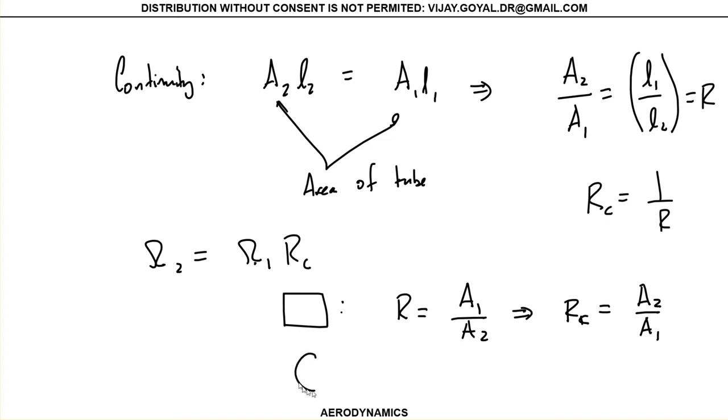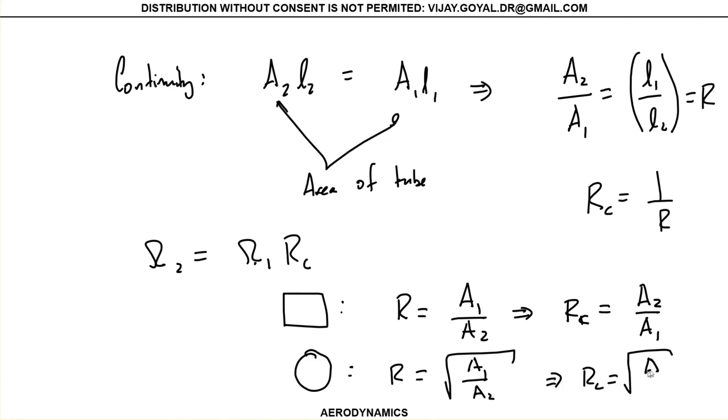If let's say I had a circular cross section, R is actually given by the square root of A1 divided by A2. Okay, so in that case, your RC will be the square root of A2 over A1. So this is how this vorticity is going to actually change in this problem, and you can find that answer.